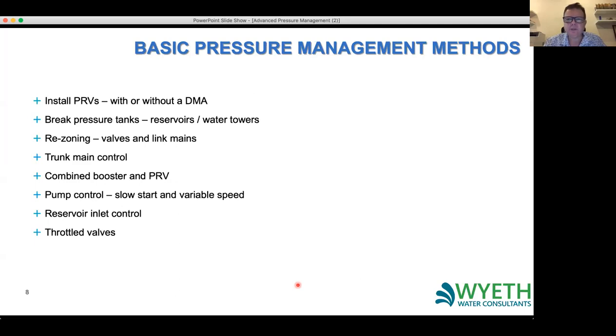In the past, we used to use brake pressure tanks or reservoirs and water towers to control our pressure zones. We also used to do rezoning so that we would have a high pressure zone and a low pressure zone. And probably what's happening in a lot of cities now is pump control, because a lot of places are now having to do direct pumping to their customers, and using soft start and variable speed drives on your pumps is a way of controlling pressures as well.